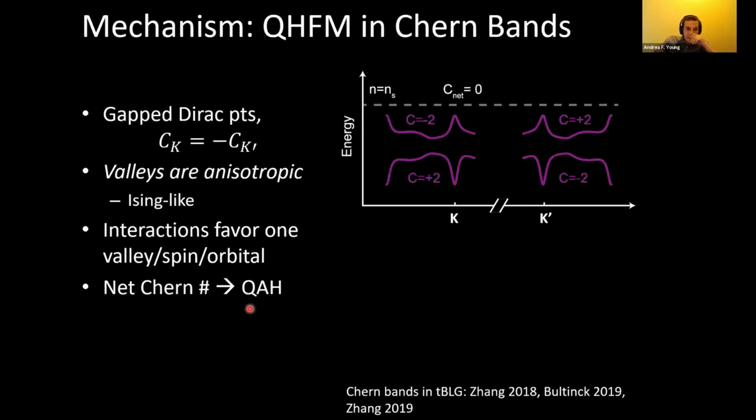So the basic picture here is that the mechanism is kind of simple, which is that you have gapped Dirac points and therefore orbital moments in the given valleys. Those valleys are anisotropic.